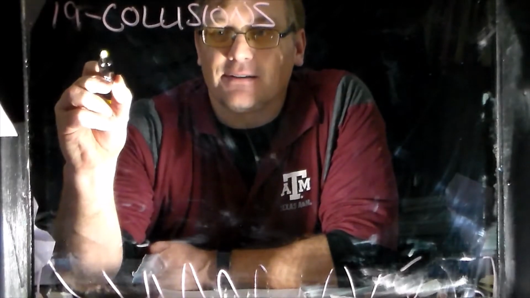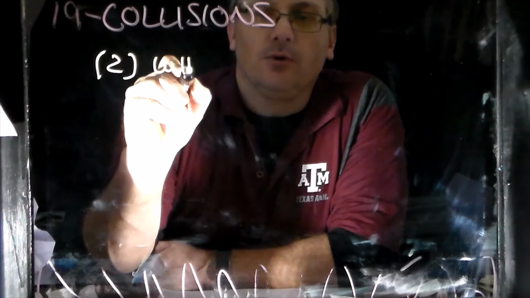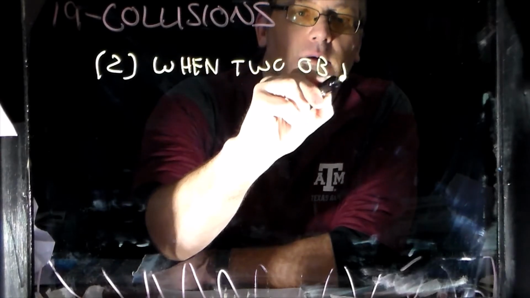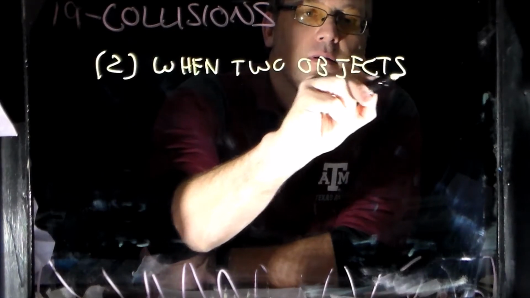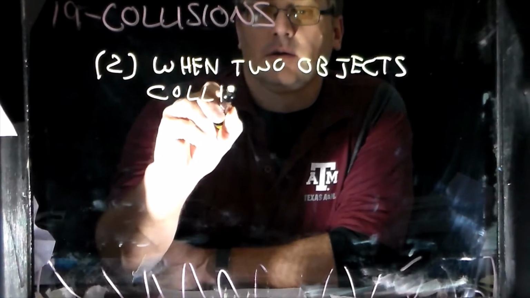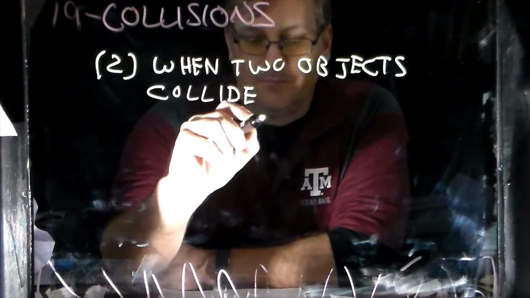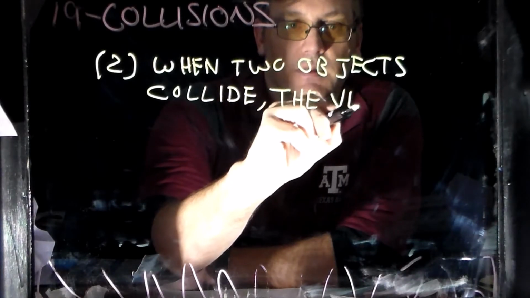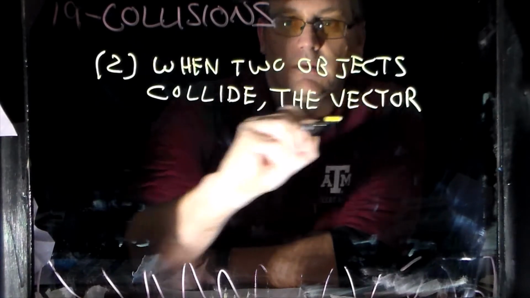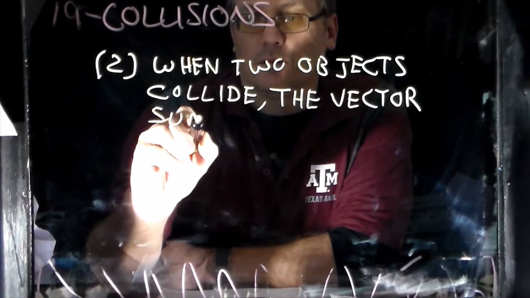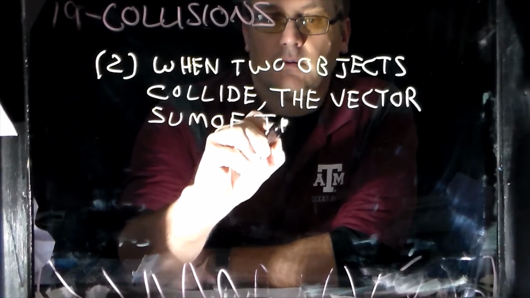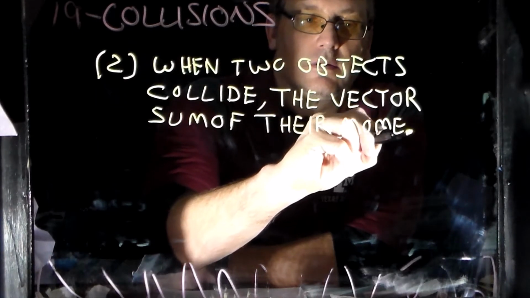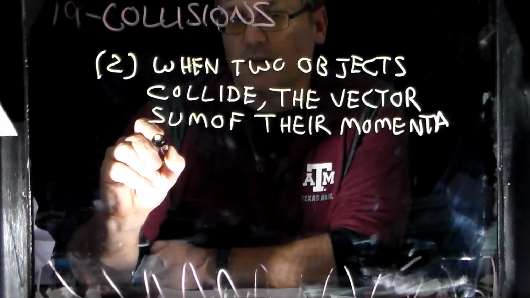Okay, now for collisions, when two objects collide, the sum of their momenta, the vector sum, has to stay the same.